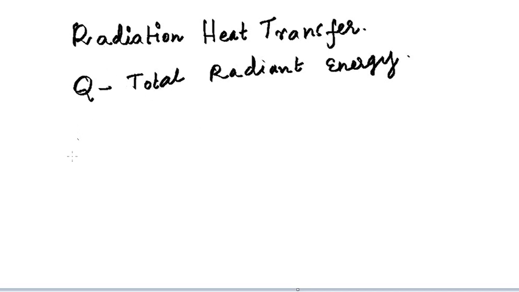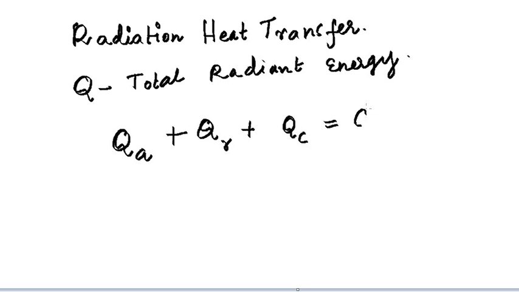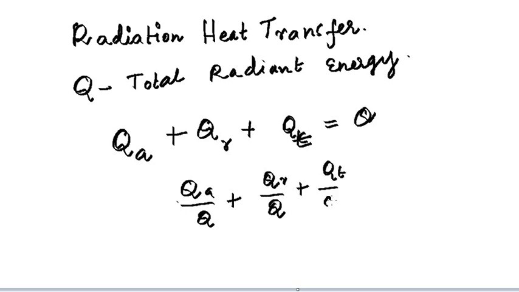If Q is the total radiant energy, some part will be absorbed, that is QA, some is reflected, that is QR, and some is transmitted through the body, that is QT. Now QA divided by Q plus QR divided by Q plus QT divided by Q is equal to 1.